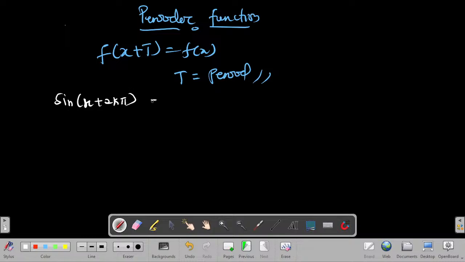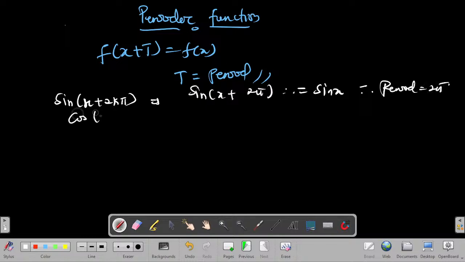So let's say that I have sine of the expression x plus 2 pi. Therefore, this should give us sine x. When you rotate sine x around 360 degrees, you should get sine x back again. It's very, very important. So therefore, if you are getting sine x back again, then we say that our period is equal to 2 pi.